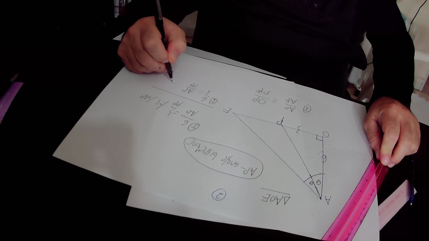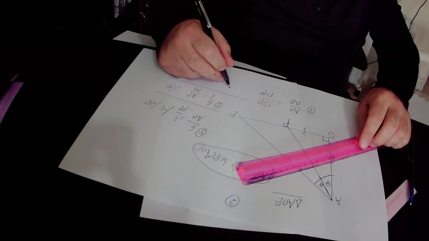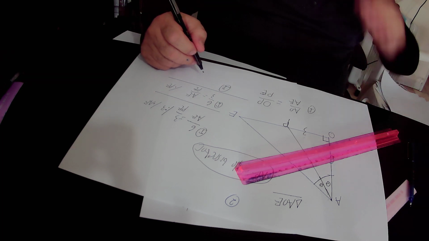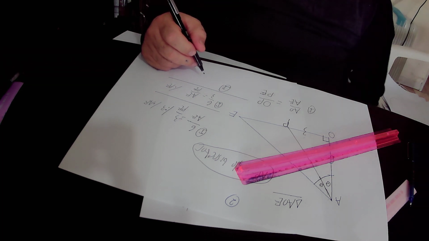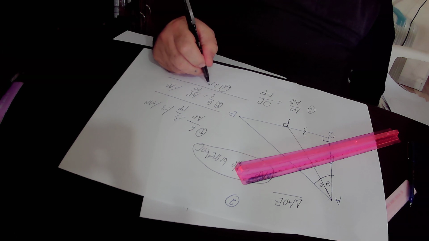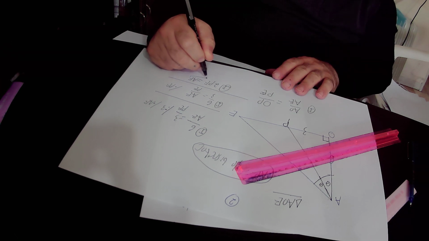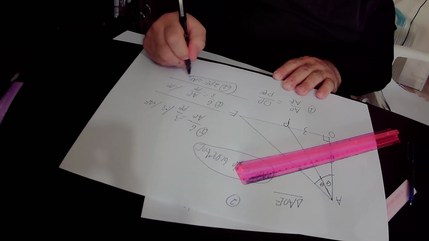Here we will multiply this equation number 1 by PE, and we'll get that 6 over 3 is 2, so 2 times PE equals AE. AE equals 2 times PE, according to equation number 1.